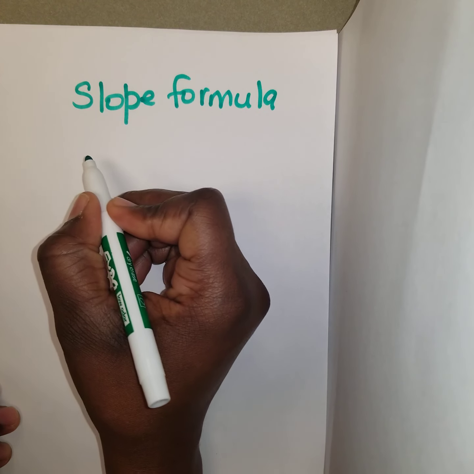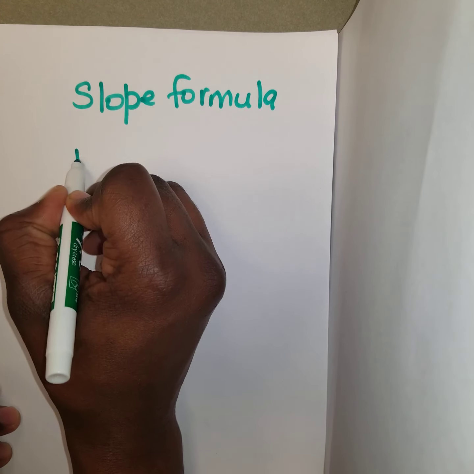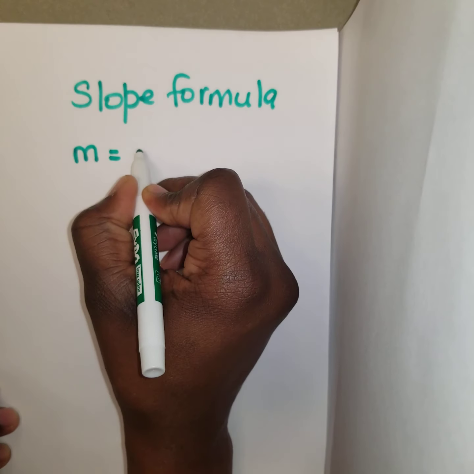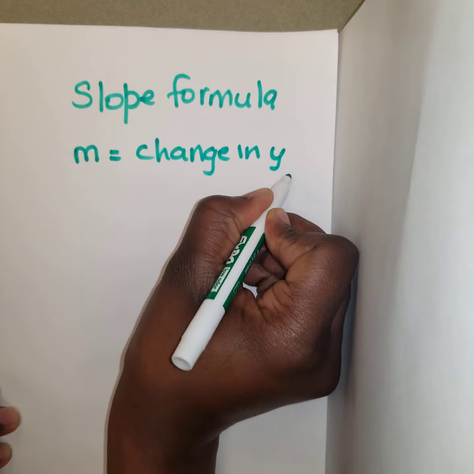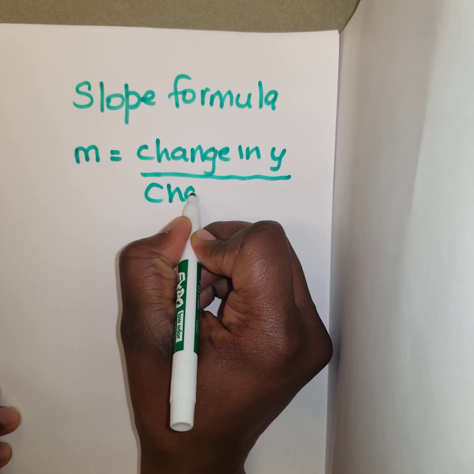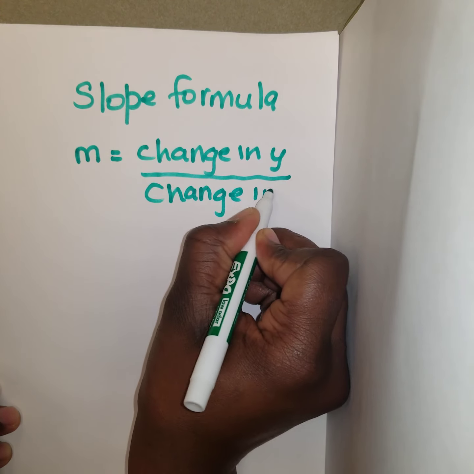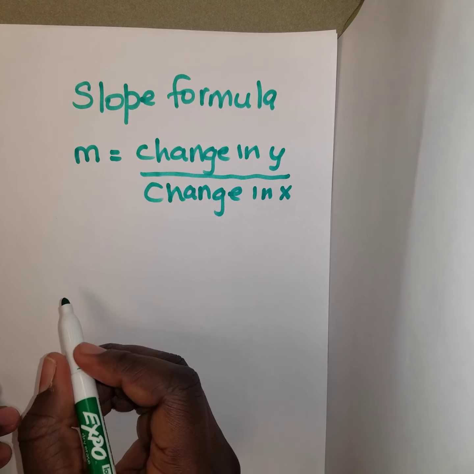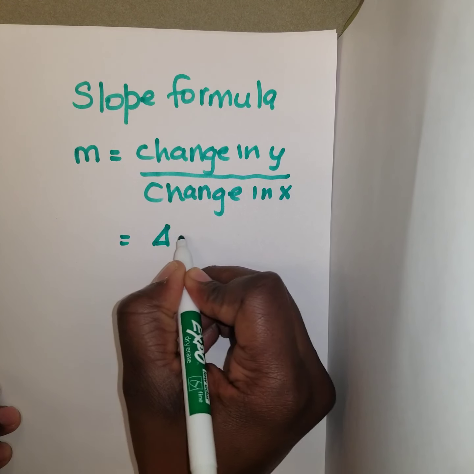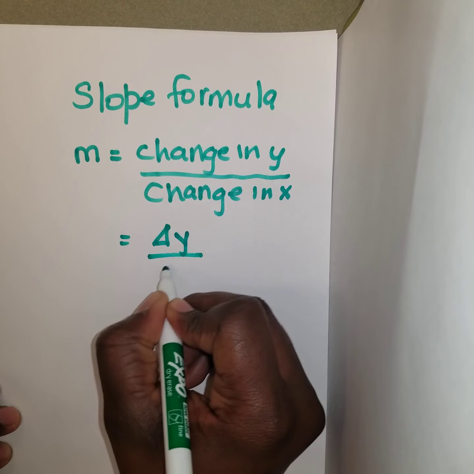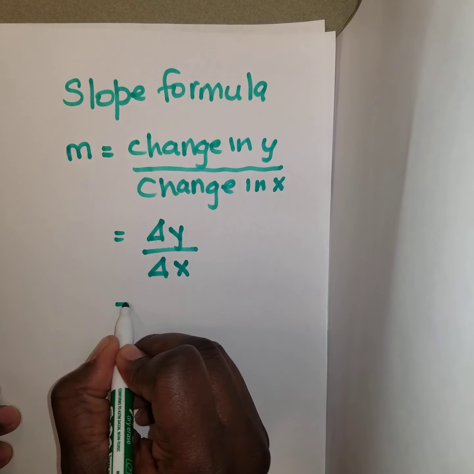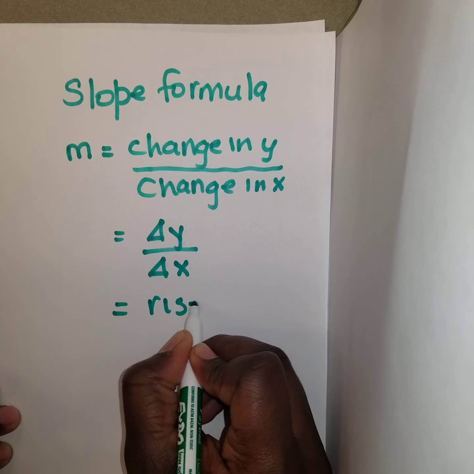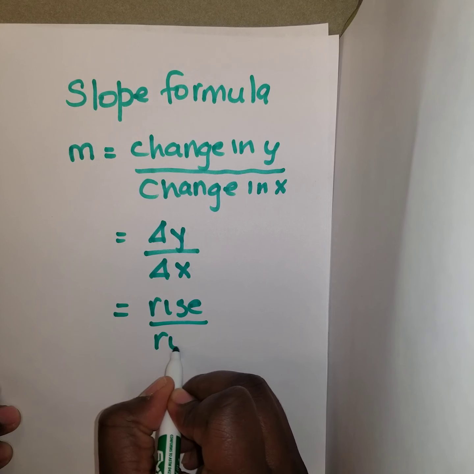And so the slope formula is represented by the common letter M, which means change in y divided by change in x. Okay? Some persons will have it written like this, or some person will have it written like rise over run.